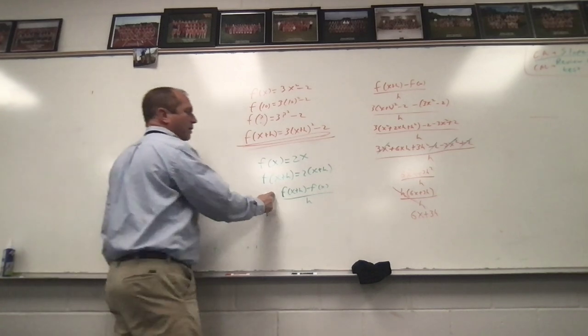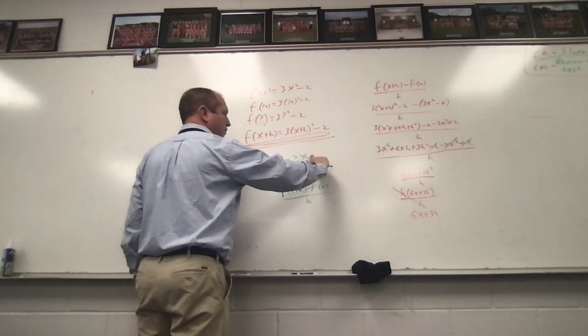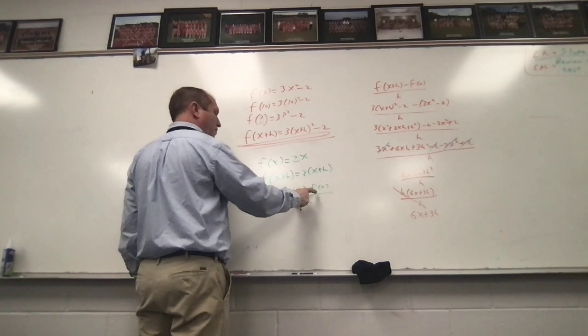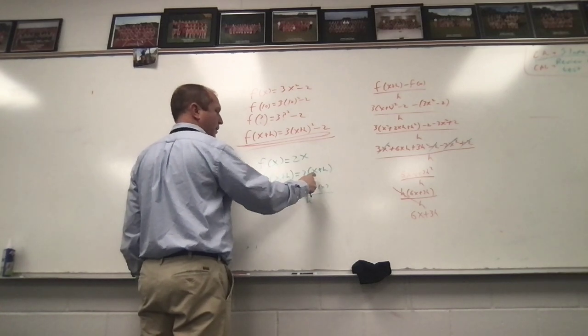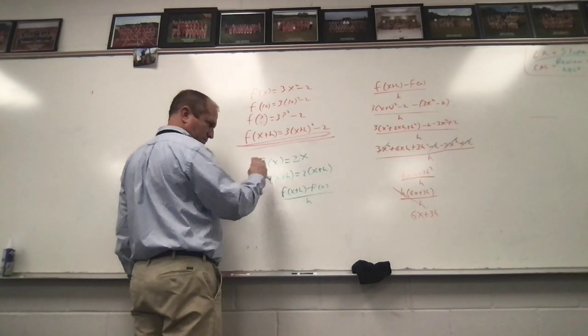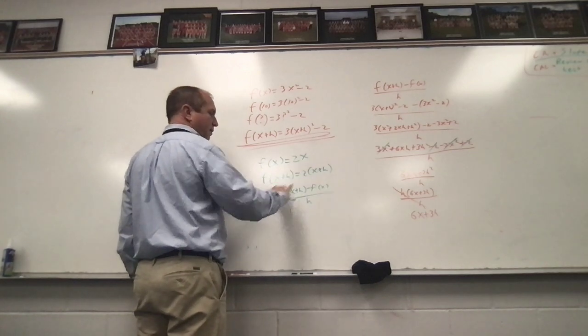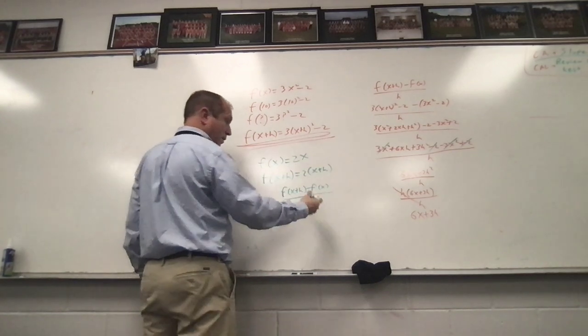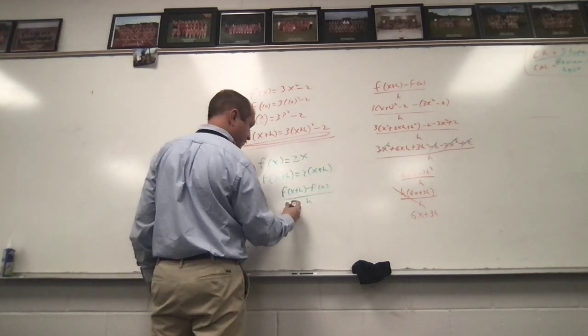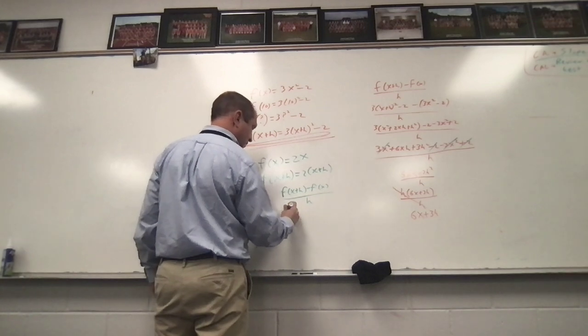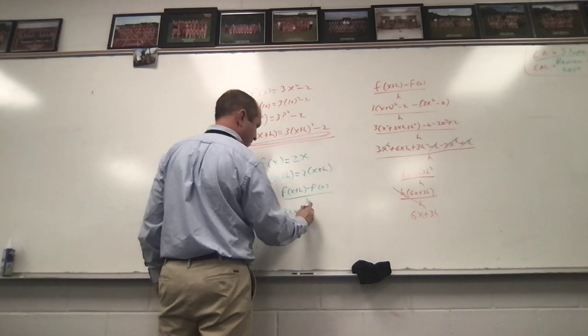Again, this is the formula. You plug these values into this formula. You don't plug anything here into anything up here. So just get used to doing that. So we have f of x plus h is 2 times x plus h.